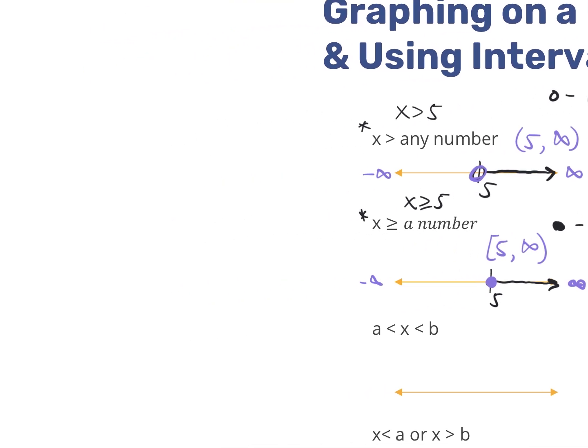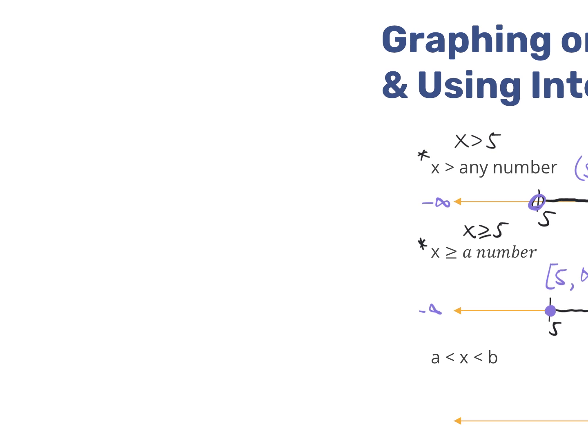Now I showed this in class, so I'm going to write it off to the side. If you think you're going to forget and you want to do it in a little chart, I'm going to write it right here. So we have an inequality symbol, a circle, and interval notation.